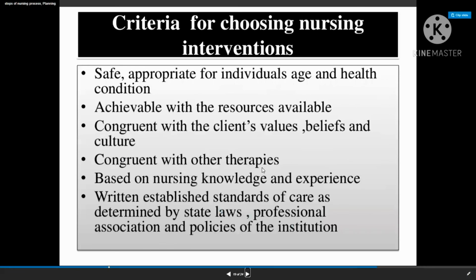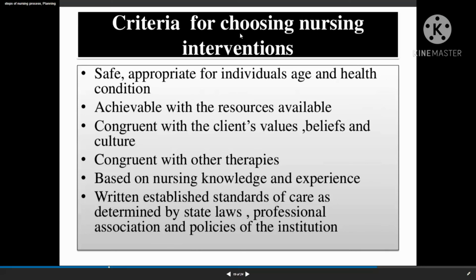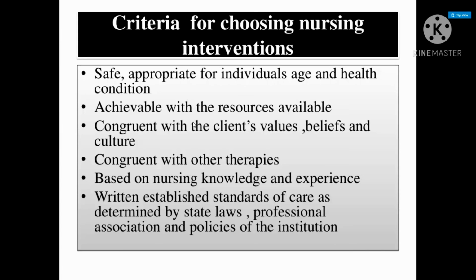Then, criteria for choosing the nursing interventions. It should be safe, appropriate for the individual's age and health condition, achievable with the resources available, and congruent with the client's values, beliefs, and culture.